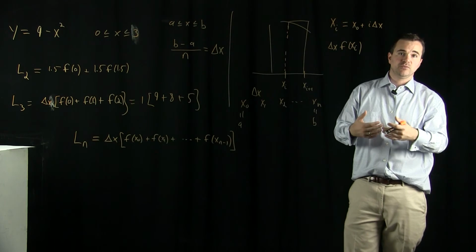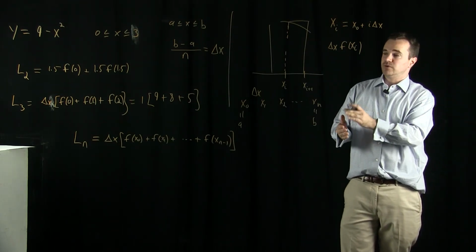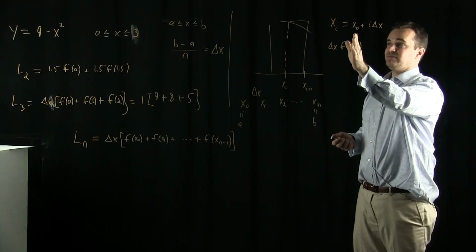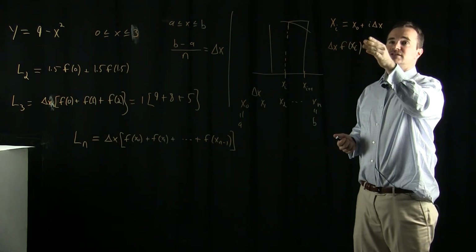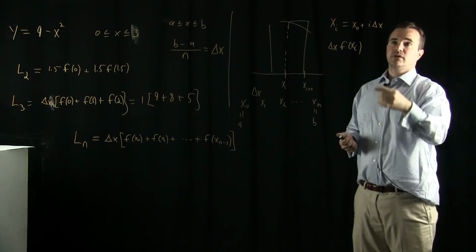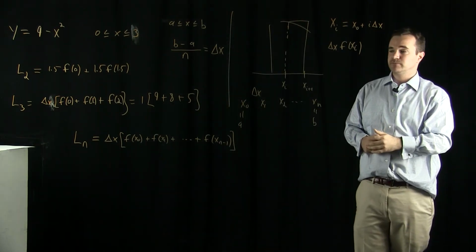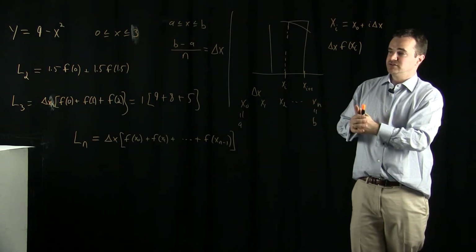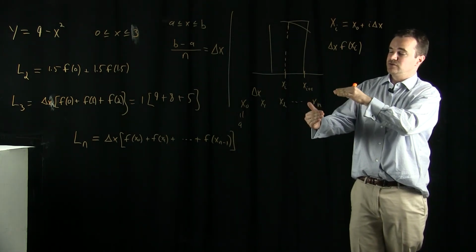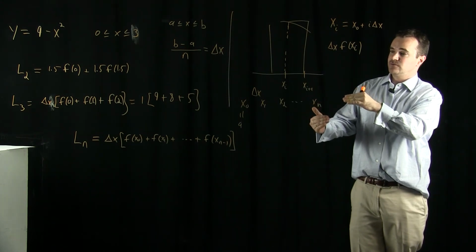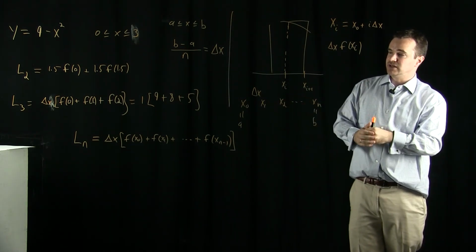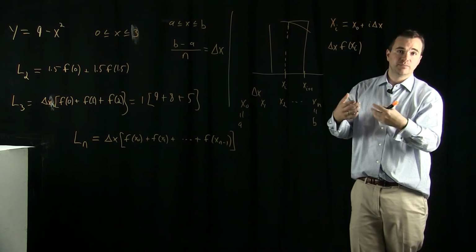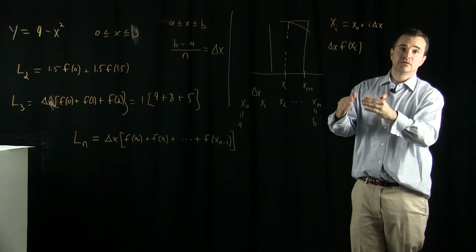Then you find a formula for the endpoints of those intervals, which you can get by just taking your first left-hand endpoint a and successively adding the width to get the successive endpoint. Plug those into the function to get your y values, multiply by delta x, then that's giving you the length or base times height formula for each of your n rectangles. Add that all up together. That's called the left-hand endpoint approximation to the area under the curve.